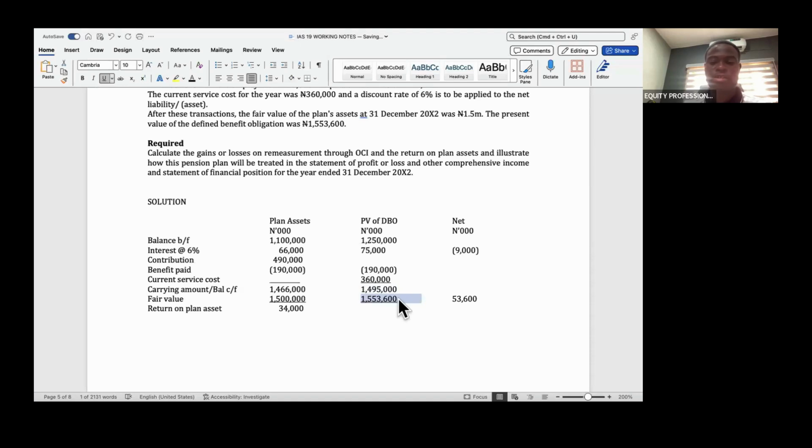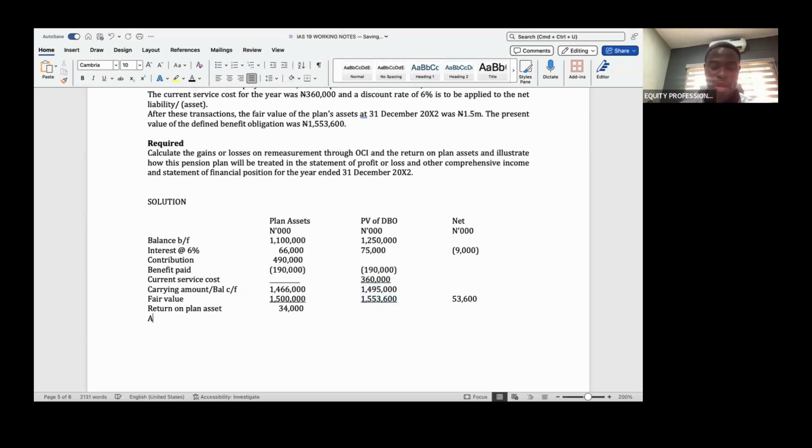You will see that the fair value of the obligation is higher than our book value. Is that good or bad? Let's analyze it. When my book is saying that I owe 1.4 million, the actuary came and said that I actually owe more, that what I'm owing is higher than what I have in my books. That's not good news. That's bad news, that I'm owing more.